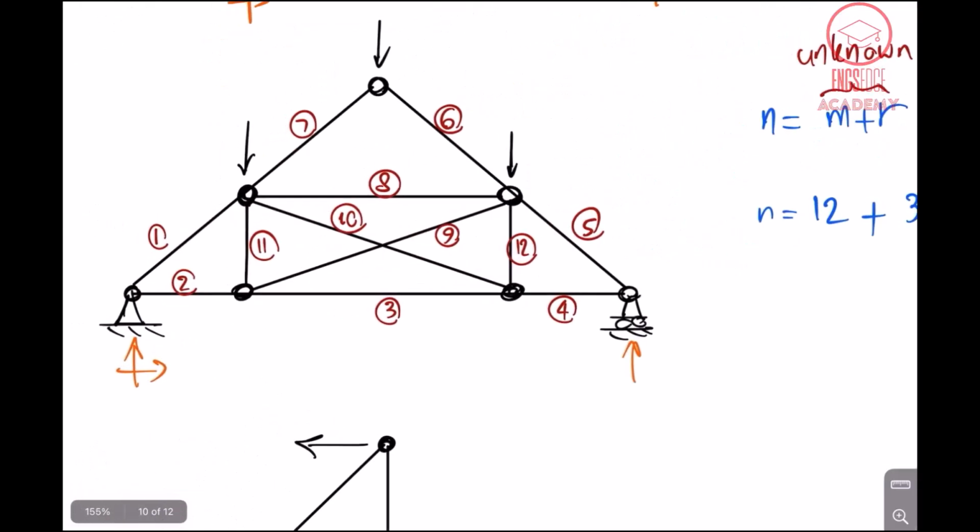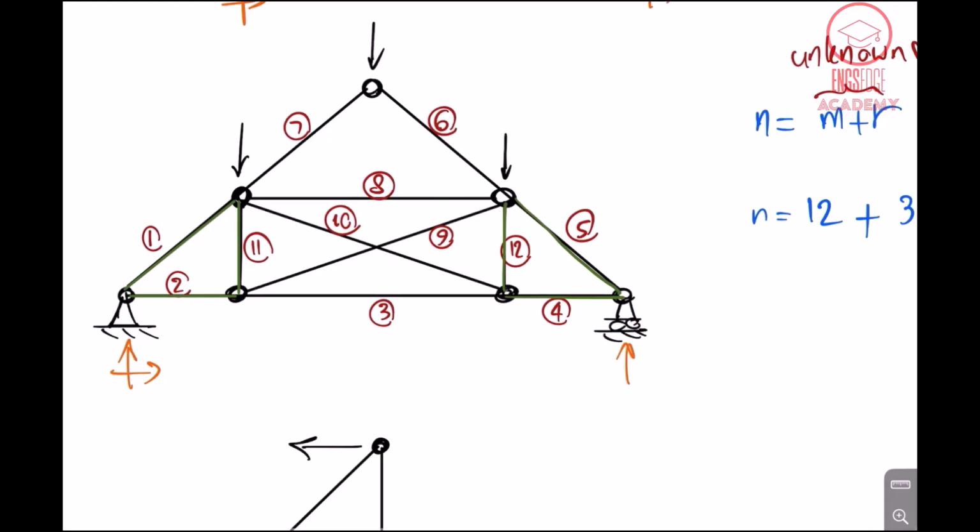For stability, we can say this is a stable part, this is also stable, and this one is stable too. So we have three stable structures here, connected via two joints and two members.